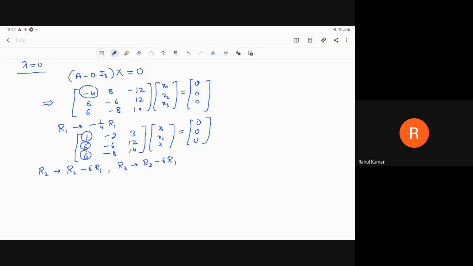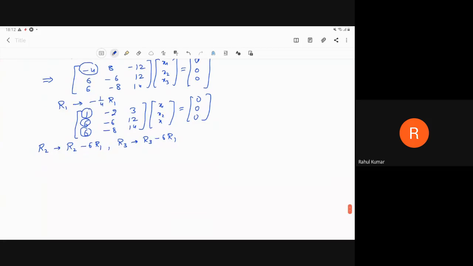Apply these operations yourself. See what you get. 1 minus 2, 3. First row, we are not doing anything. Second row, elements are subtracted by 6 times R1. So it is 0. 12 minus 6, 6.